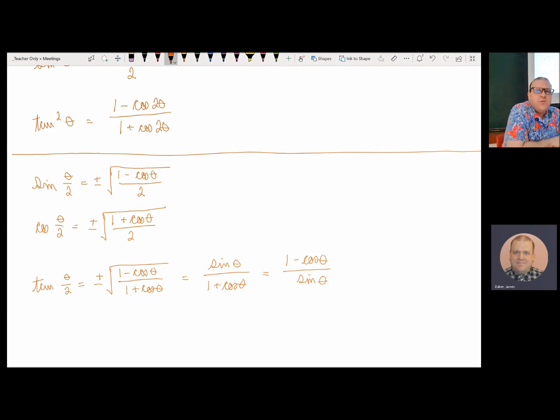Sine theta over 2 is plus or minus the square root of 1 minus cosine theta all over 2. Cosine theta over 2 is plus or minus the square root of 1 plus cosine theta over 2. Tangent theta over 2 has 3 identities: plus or minus the square root of 1 minus cosine theta over 1 plus cosine theta, sine theta over 1 plus cosine theta, or 1 minus cosine theta over sine theta.